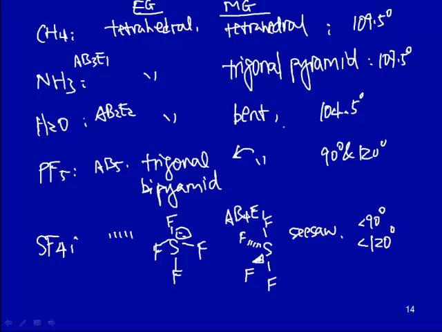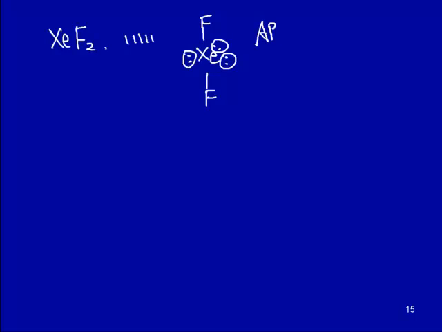Okay. Continuing on, you can have, for example, XeF2, xenon difluoride. If you get the correct Lewis structure, it will be Xe, F, F, with 1 pair, 2 pairs, 3 pairs on the central atom. So this is AB2E3.